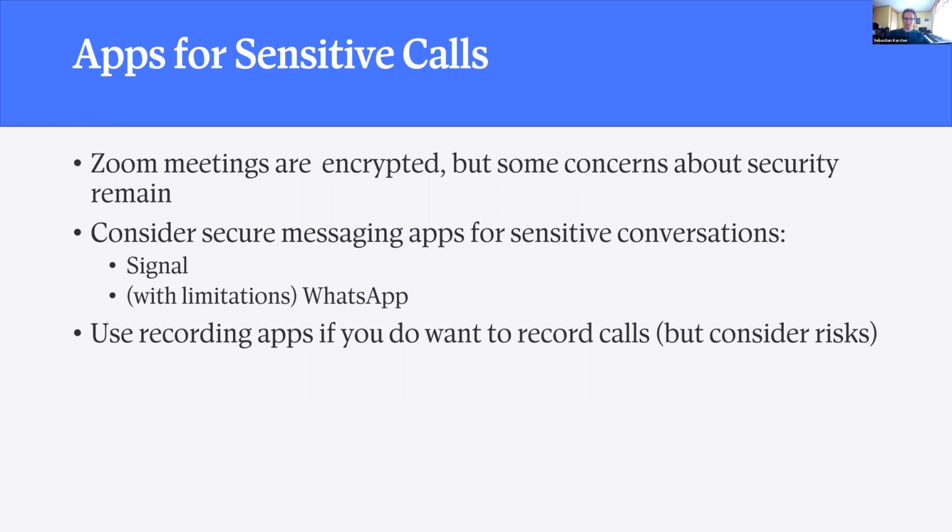In terms of encryption, WhatsApp, which is probably the most common such app, is just as good, but it shares a lot of contact information around, particularly with the Facebook company. So there are some limitations to that. You can record when you're using those apps.